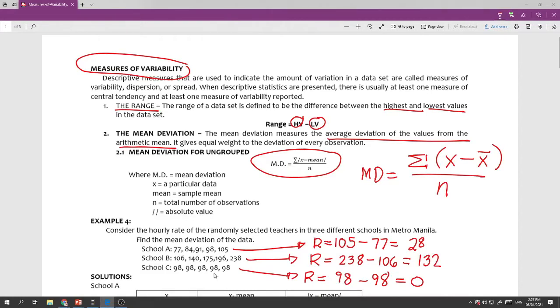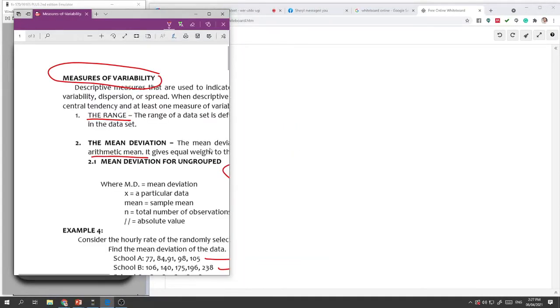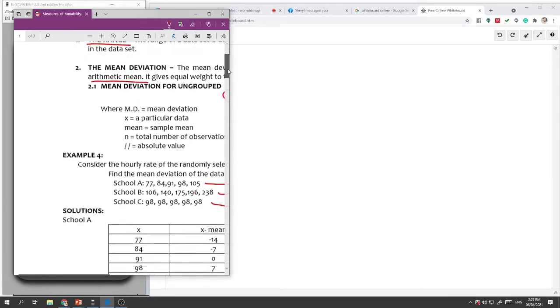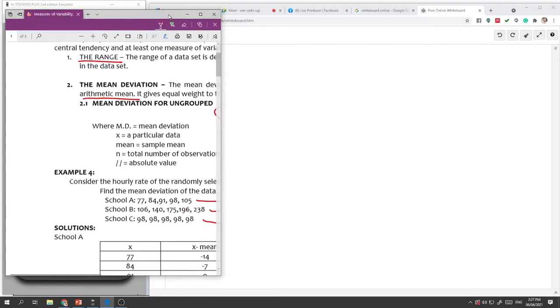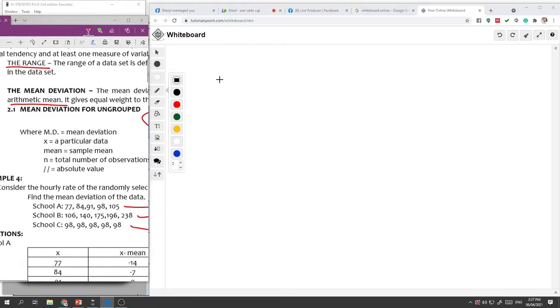Okay, let's now have our first example. Let me minimize this first. Okay, there you go. Look at school A. What are the scores in school A? I mean the rates.